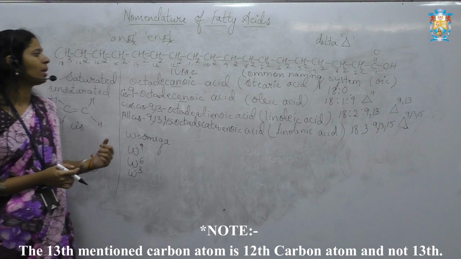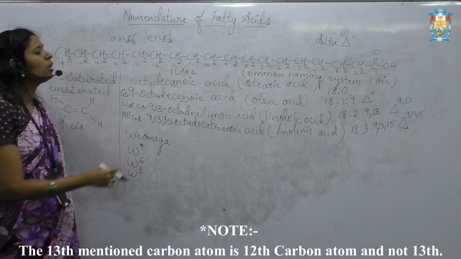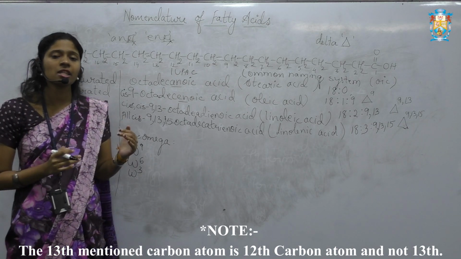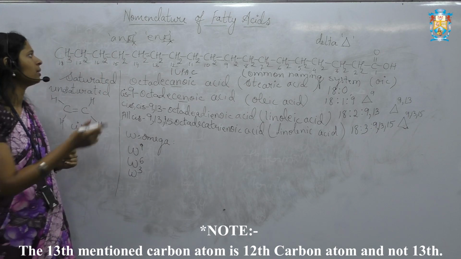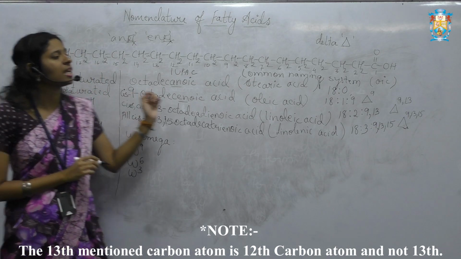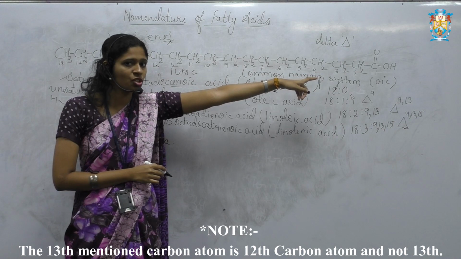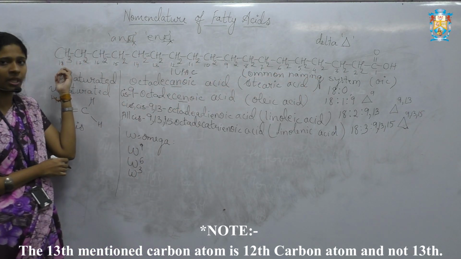So let's see one by one. If you see the molecule, the omega system starts the numbering from the terminal carbon atom, that is this. The first one is the functional group carbon atom, and this is the terminal carbon atom.